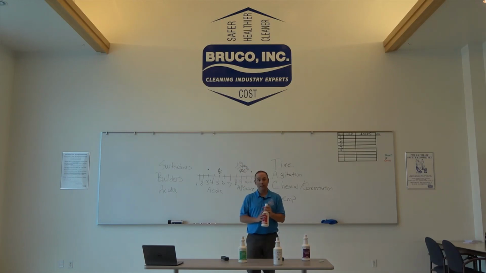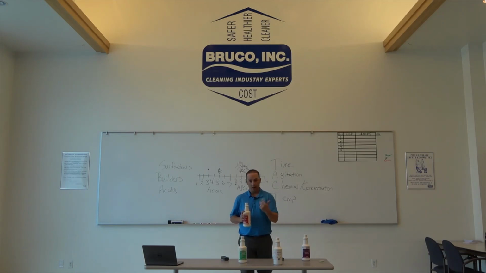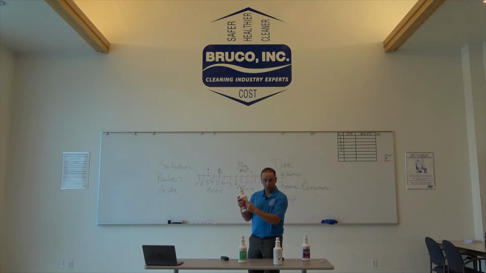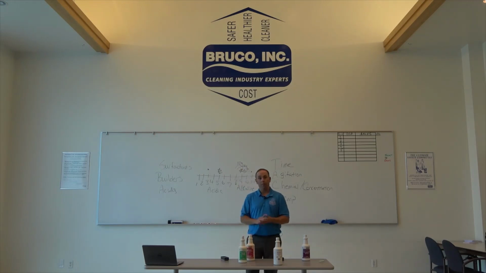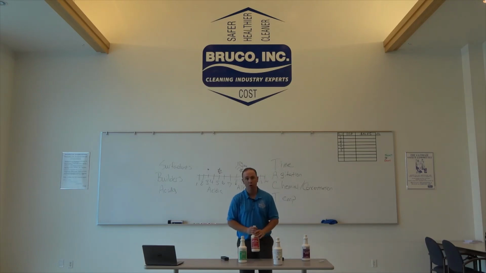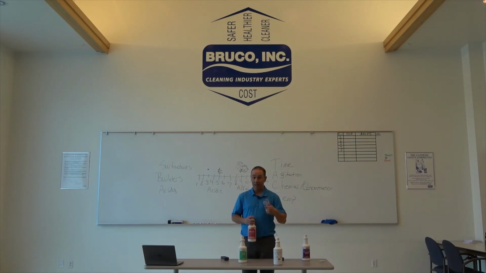When we get into this type of acid at this percent, A, it should only be used in bowls and urinals, as the picture says. But B, it shouldn't be used every day. Bowl acids this strong are not designed to be used every single day in a cleaning application. Again, it's wasteful, but B, it's harmful to you, the cleaning worker, and possibly to your surfaces.